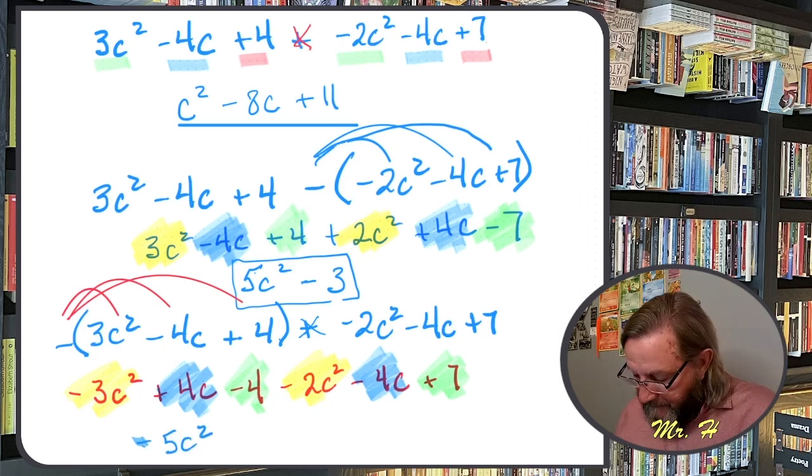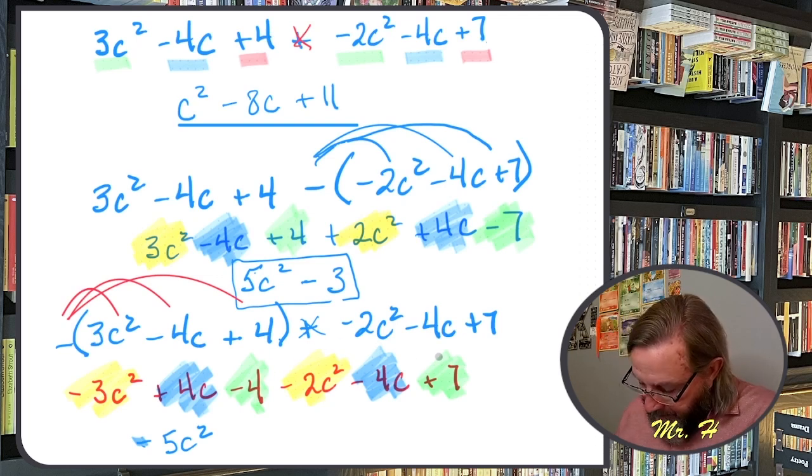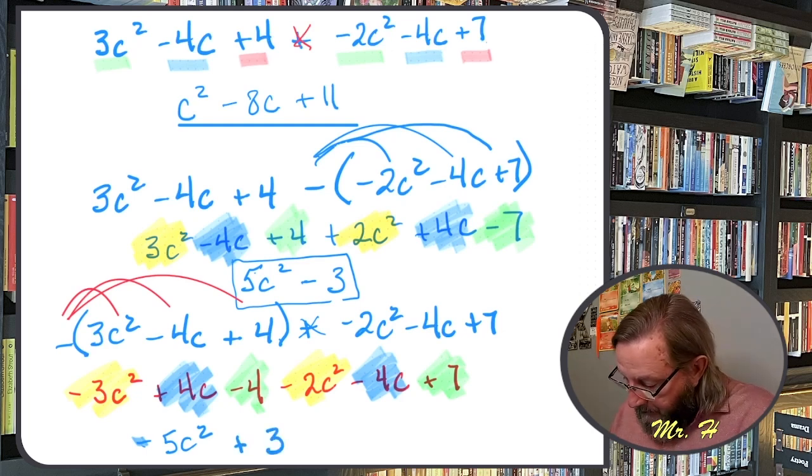We have a positive 4c and a negative 4c again. Those cancel out, so we don't have to write anything. And then the negative 4 and the positive 7, that's going to be a positive 3. So our final answer again is going to be negative 5c squared plus 3.